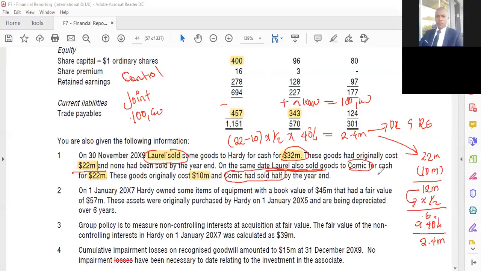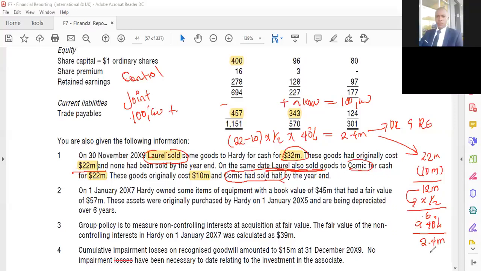The associate had sold these goods to a different company somewhere else, so the profit they make on the different customer is genuine because it's going to increase the overall money here. But if they did not sell anything, it would just be the same thing. Is that okay? Yeah, that's fine.